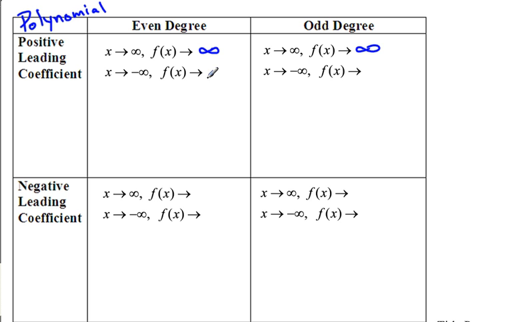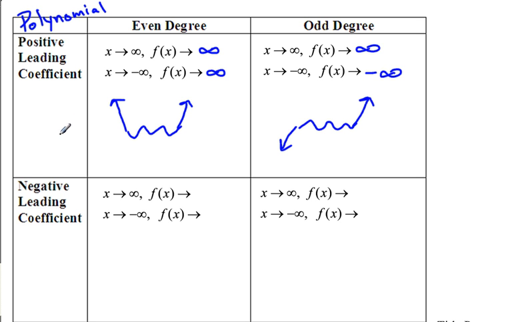But if it's even, it goes to infinity on both ends. So here's an even one where we're going up on both ends, and anything can happen in the middle, okay? But if it's odd, it goes in opposite directions. And so here it's going up positive, here it's going negative, and whatever happens in the middle.